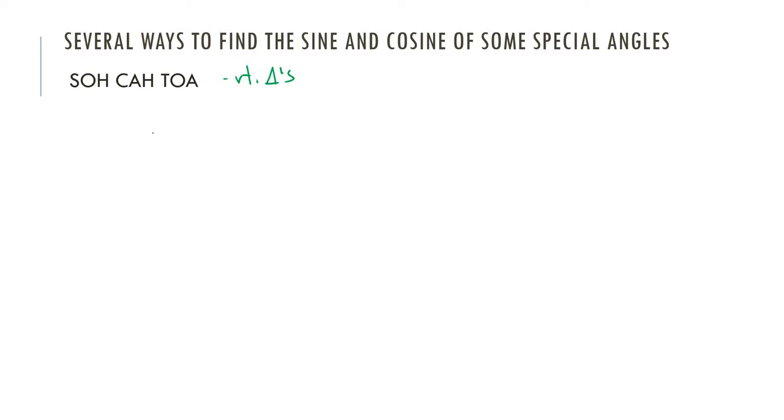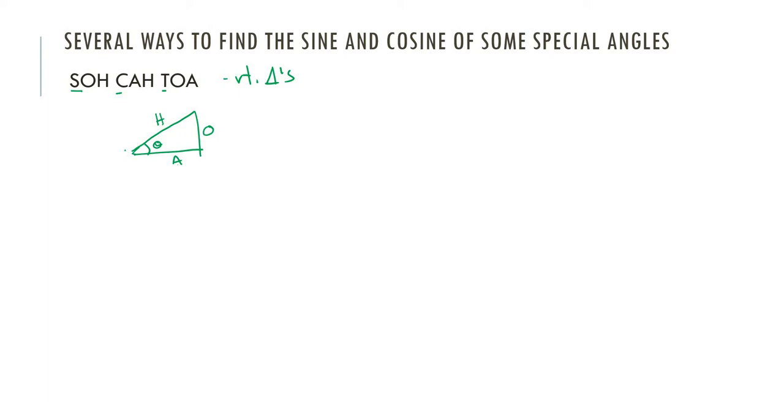So if I have a right triangle that looks like this, and I am looking at this angle, I'm going to call it angle theta. The sine is the opposite over the hypotenuse. The cosine is the adjacent length over the hypotenuse, and the tangent is the opposite over the adjacent.